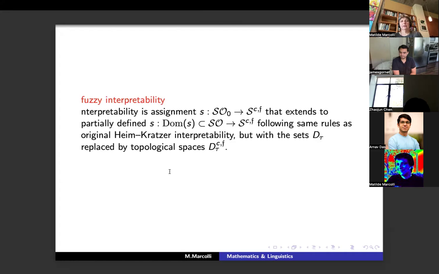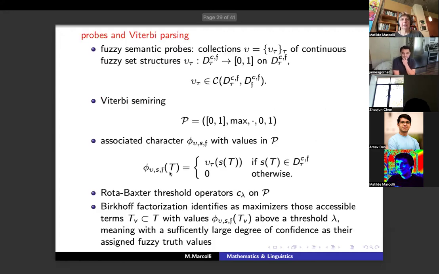Okay, so you get this corresponding notion of fuzzy Heim-Kratzer interpretability, which would give you an assignment that follows the same original rules of the Heim-Kratzer interpretability, meaning you have to have functions that compose, but now continuous functions that compose, and so everything is to be compatible with the topologies. And so if you use these semantic probes and the parsing, you can get associated characters.